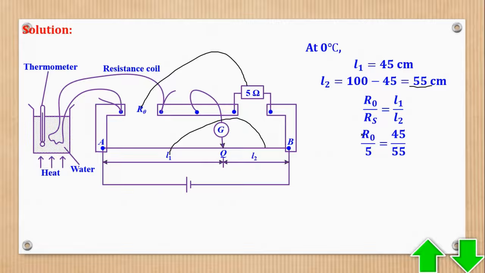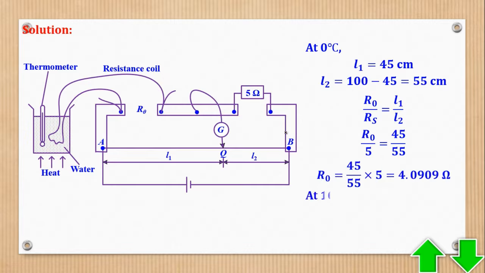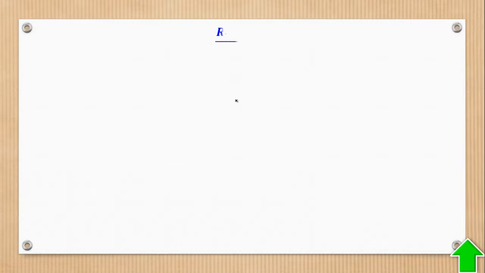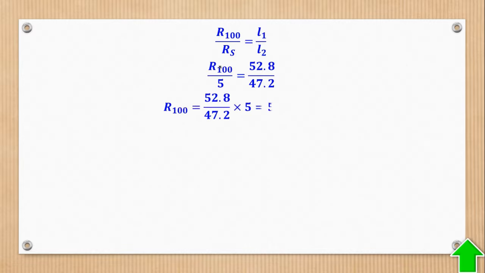So we can substitute and make R0 the subject. What about at 100 degrees Celsius? L1 will be that, L2 will be that. Therefore, at balance, we shall say R100 over that is equal to this over that. Then substitute and make R100 the subject.